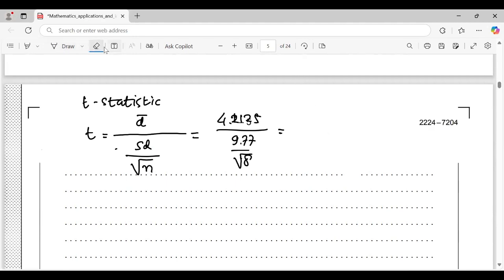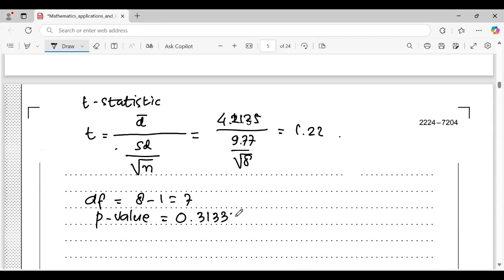The result is 1.22. The degrees of freedom is 8 minus 1 equals 7. The p-value, based on this information, you can determine through a calculator or through a table. The p-value is 0.3133797 in the calculator. In the table, 0.3134. Yeah, that is the p-value.